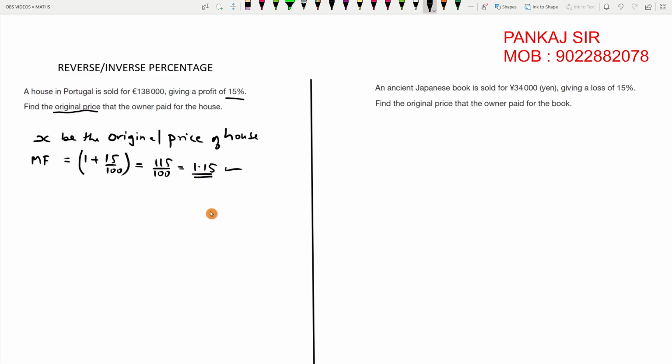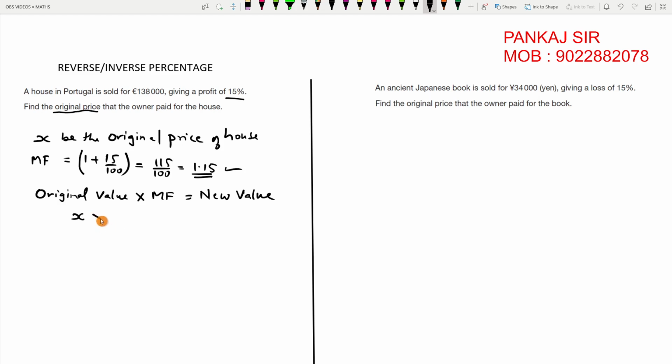Once you have got this multiplication factor, remember this statement: original price or value times the multiplication factor will always give you the new value, or the present value. Now original value they have asked us to find out, and we have taken that as X, right?